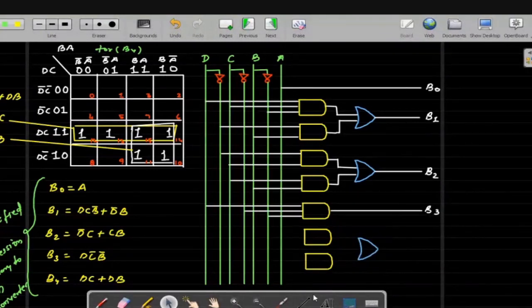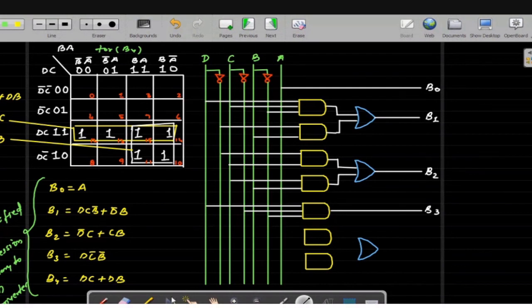And now tell me what will be the input to this first AND gate? DC. So this is my D and this is my C. Okay. So you'll have the DC term. Then you will have DB.